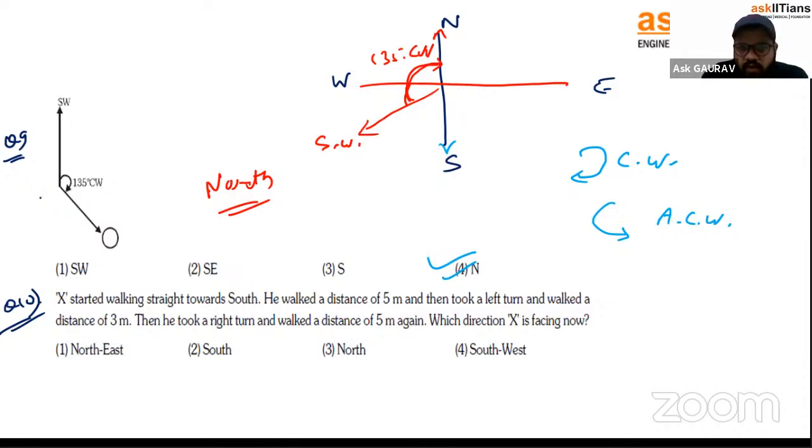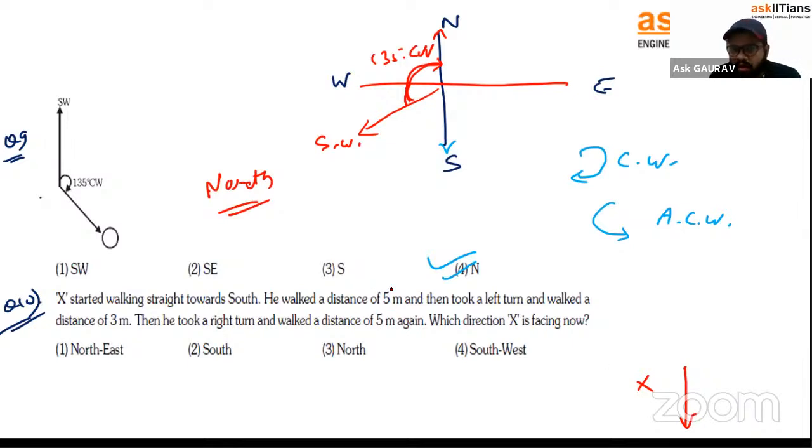X started walking towards south. Okay, do this question first. Question number 10. Let's say this is your X. He started from this point walking towards south. This is south.